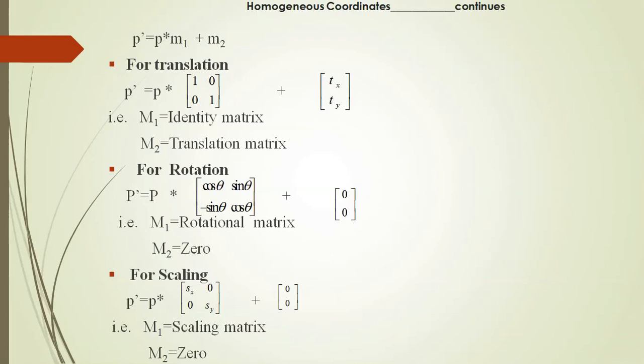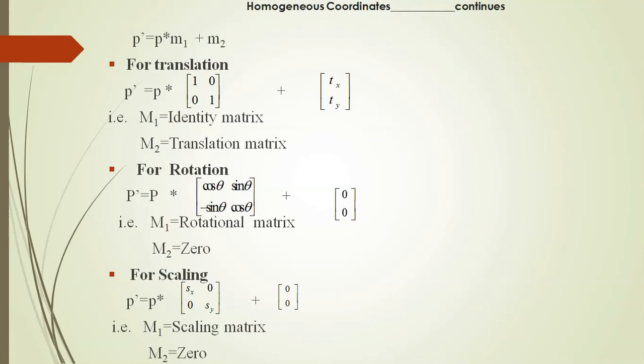But M1 is our rotational matrix and M2 is 0. So this is our rotational matrix. This is our anti-clockwise direction matrix, that is cos theta sin theta minus sin theta cos theta. So in rotation M2 becomes 0.